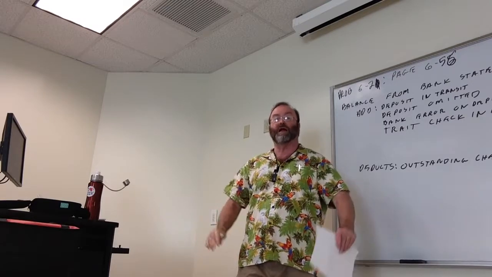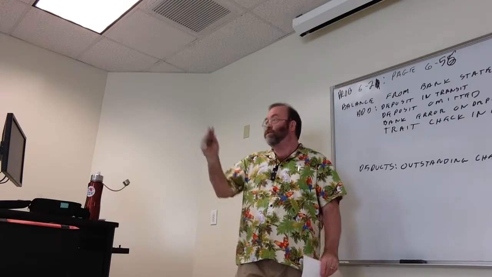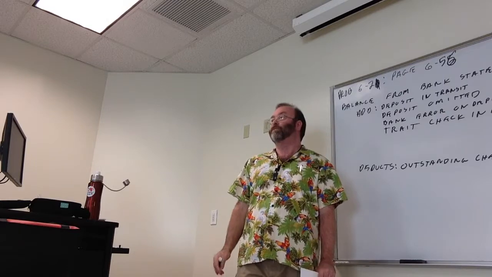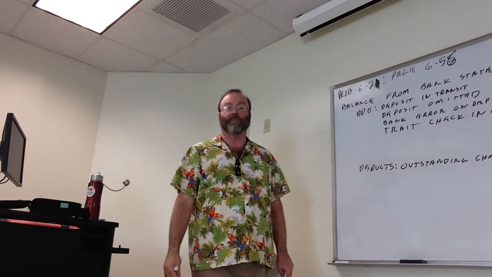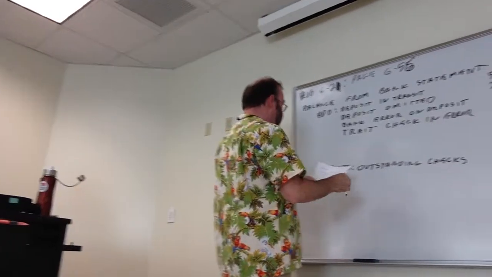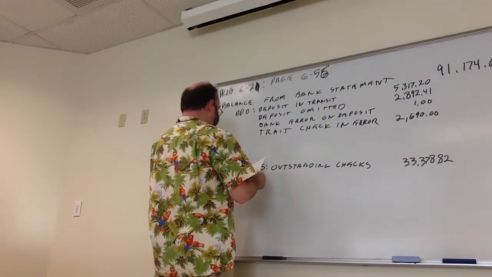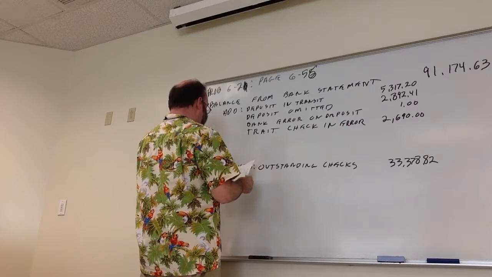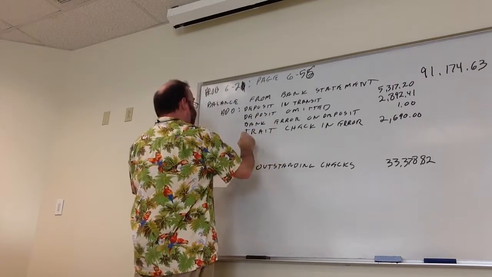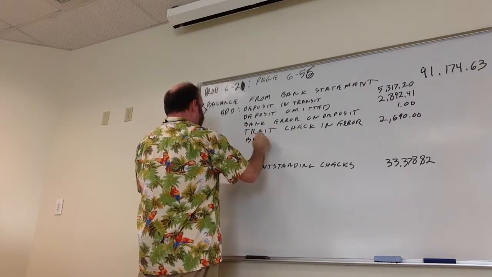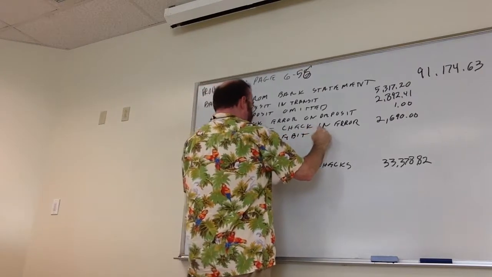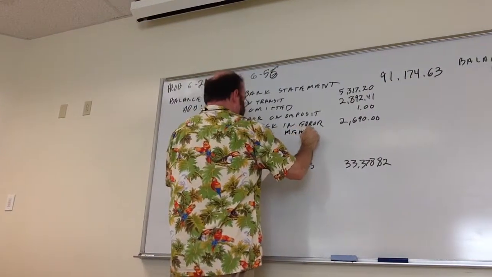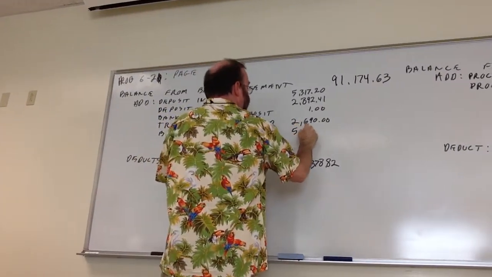And then they turned around and took it out of your account. Twice. Okay? So, this is another error that needs to be added back. Bank, debit, memo. 5,000.